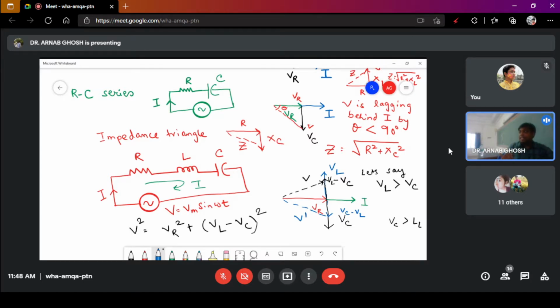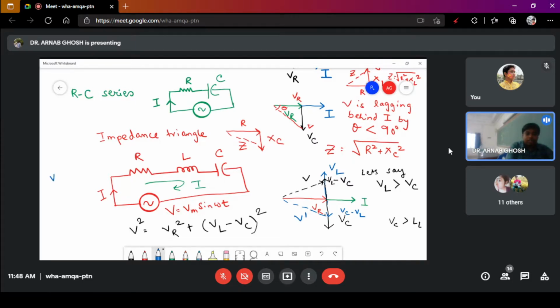So whether the circuit is capacitive or inductive in nature depends upon whether VL is greater than VC or VC is greater than VL.